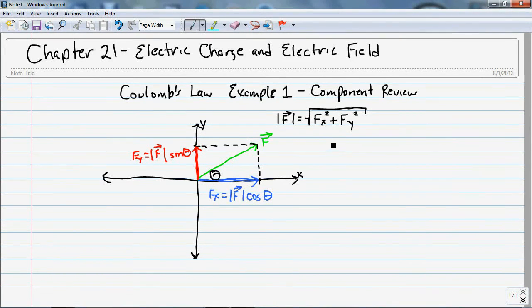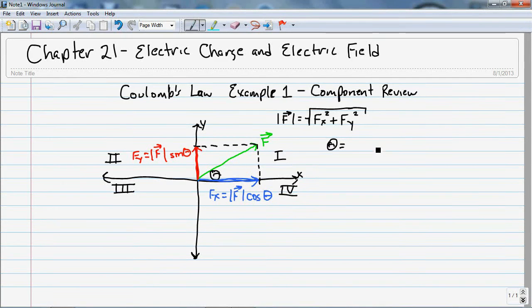Now theta is a little more tricky because we have the different quadrants. We have quadrant 1, quadrant 2, quadrant 3, and quadrant 4.